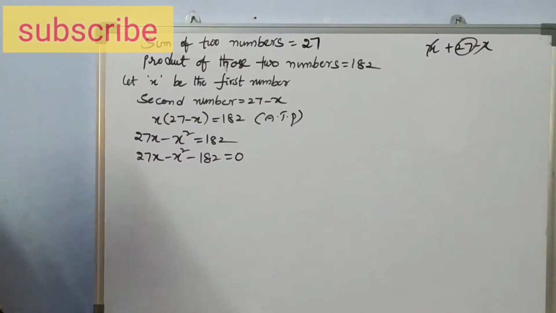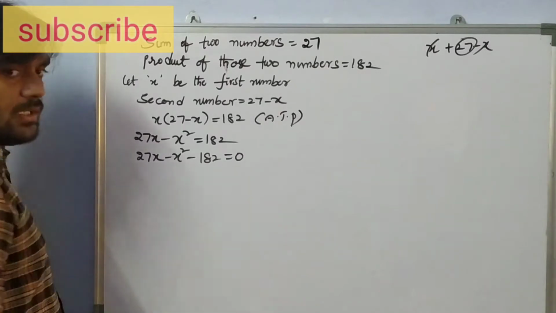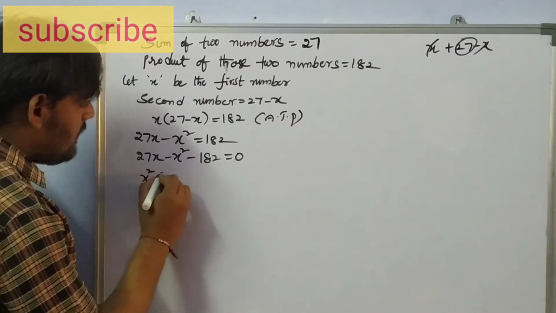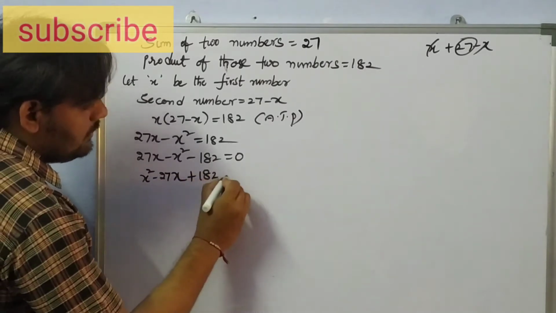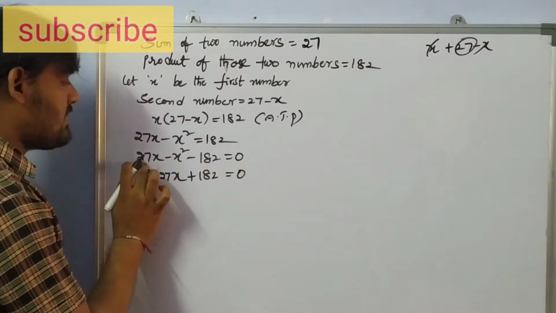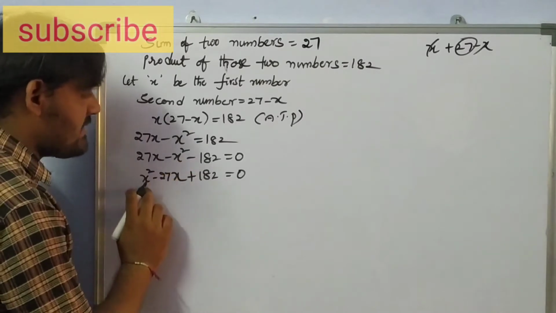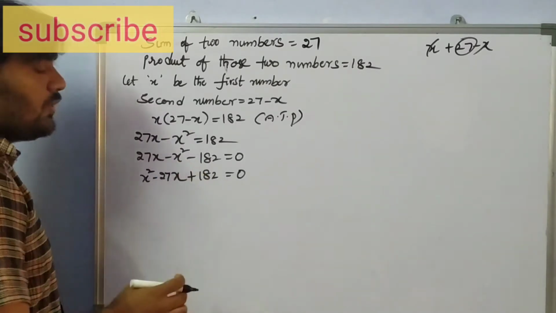Now multiply this equation with minus, and you will get x square minus 27x plus 182 is equal to 0. When you multiply with minus, plus 27x becomes minus 27x, minus x square becomes plus x square, and minus 182 becomes plus 182, equal to 0.